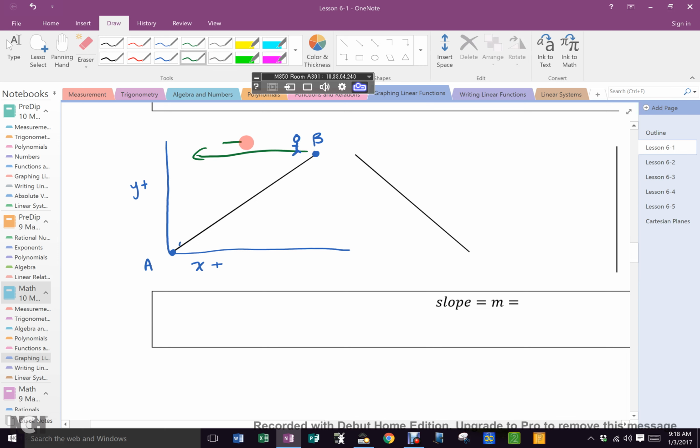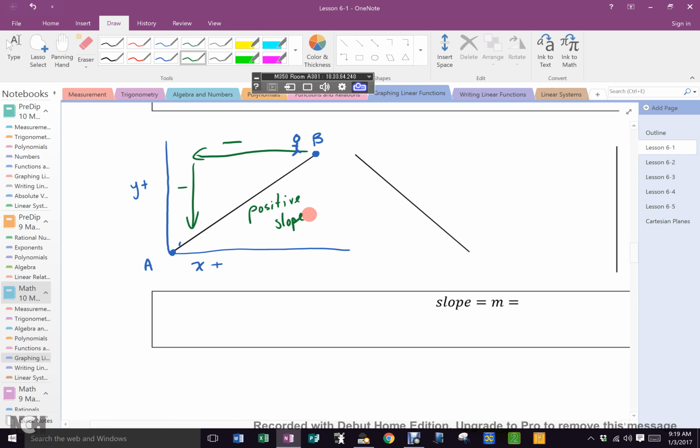It goes negative. And what happens in the y direction? It goes negative. I have two negatives. What happens when we do anything with two negatives? It stays positive. Is everybody with me? So that is what we call a positive slope, because both variables are changing in the same direction.